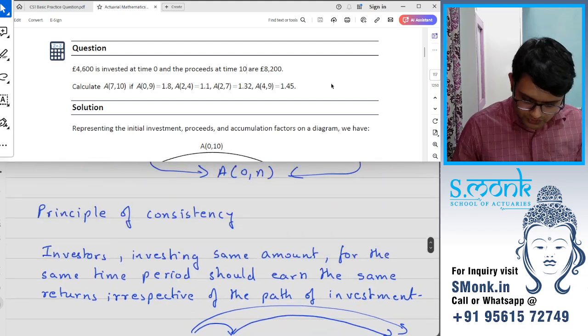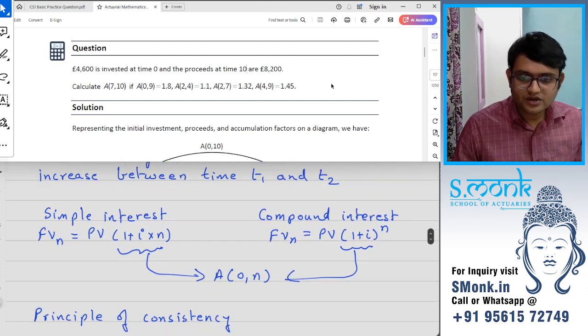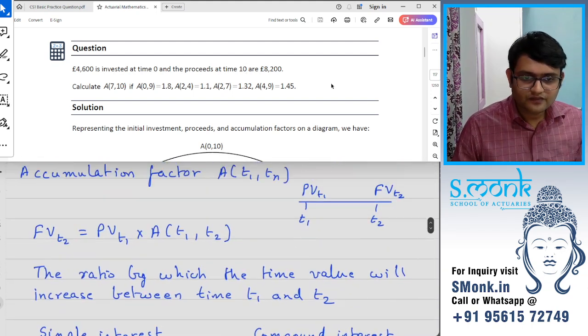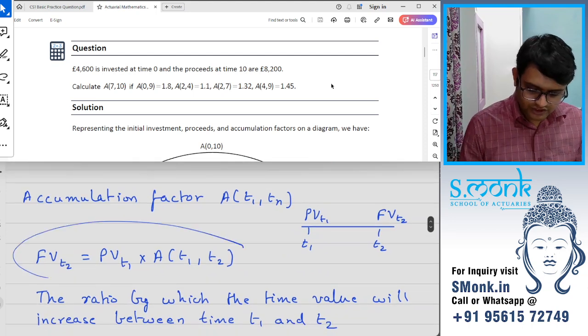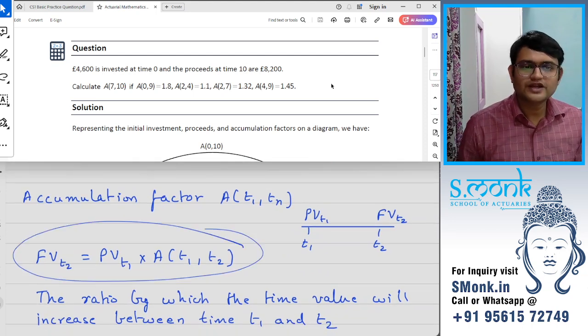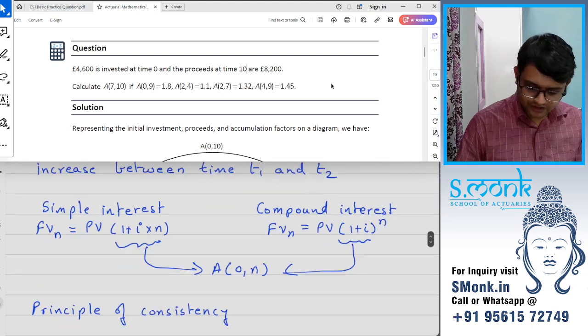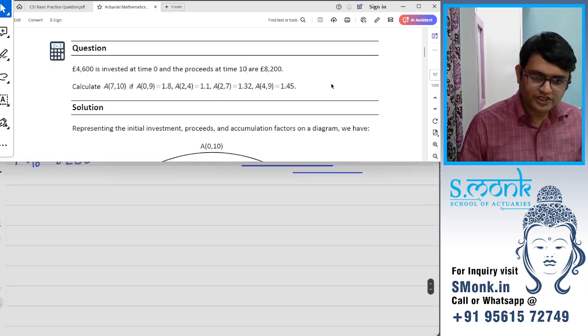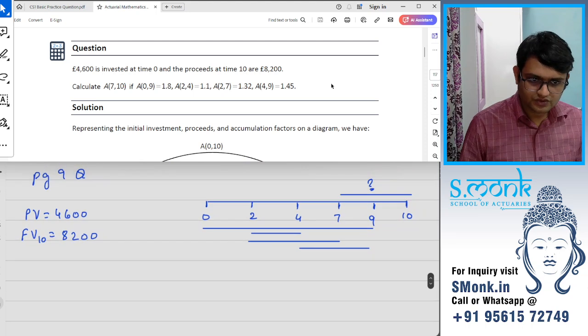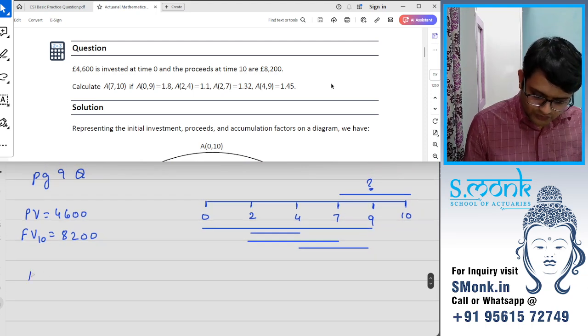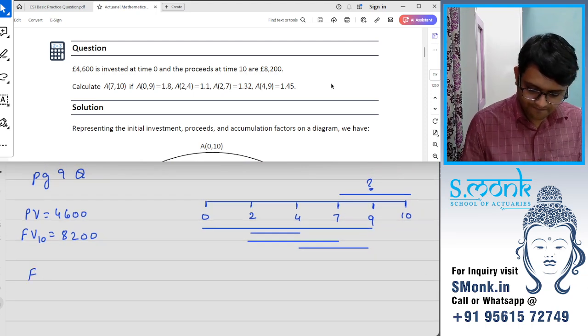So I'll use this equation to find the accumulation factor from 0 to 10. Future value at time 10 will be equal to present value into accumulation factor from 0 to 10.